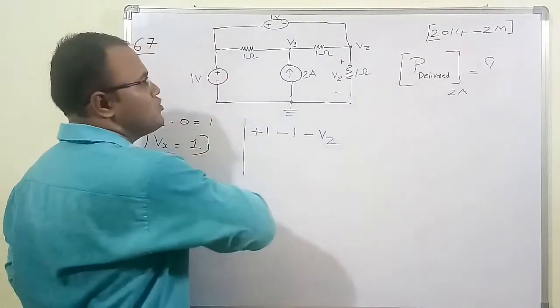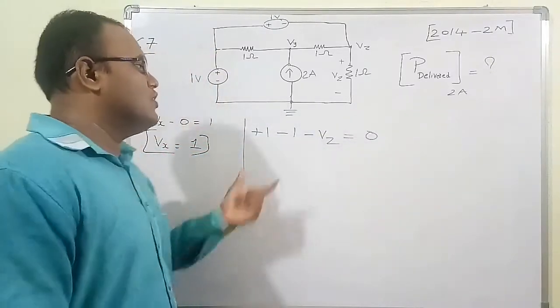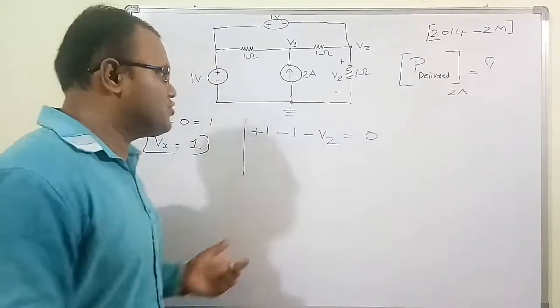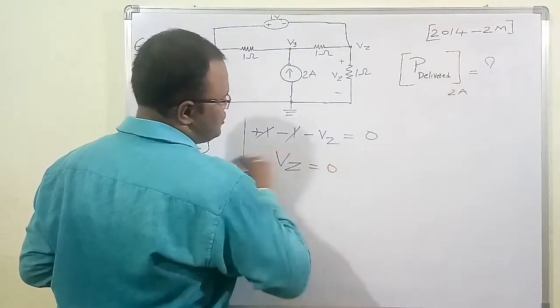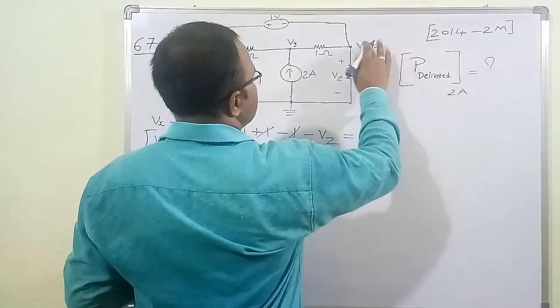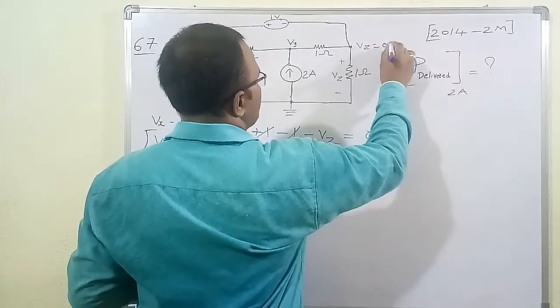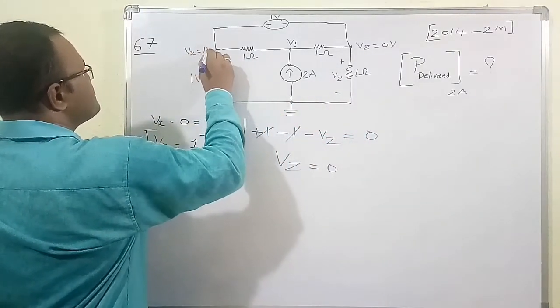So I completed the closed loop. By KVL, the algebraic sum of voltage drops in a closed loop is 0. So plus 1 and minus 1 get cancelled. Therefore Vz is equal to 0. So the Vz value is 0 volt and the Vx value is 1 volt.